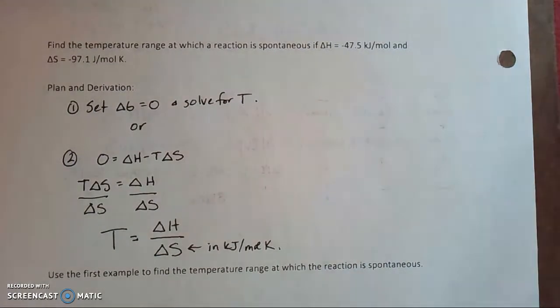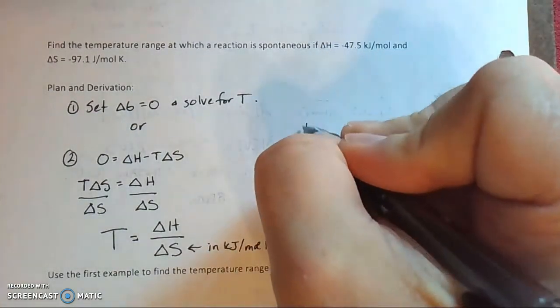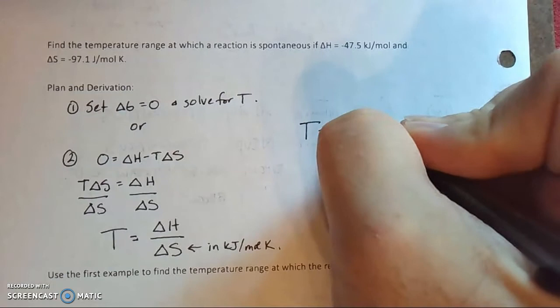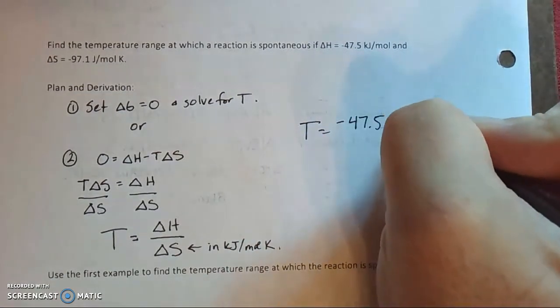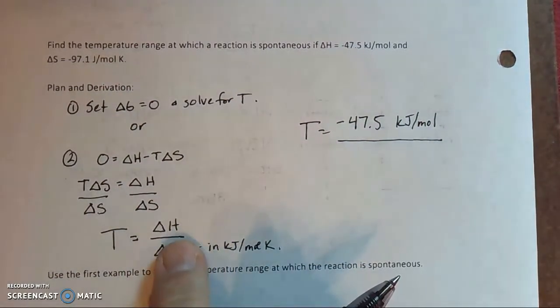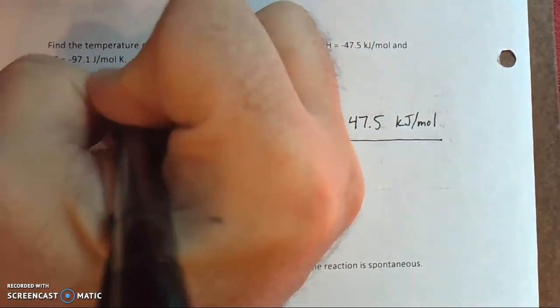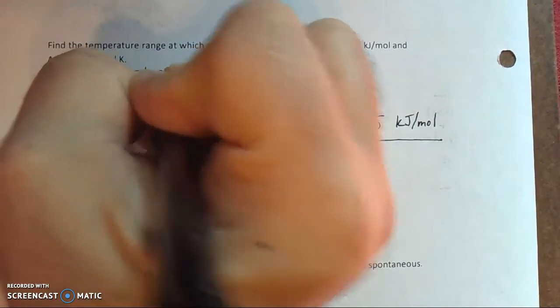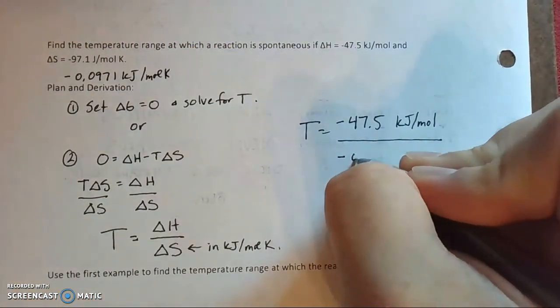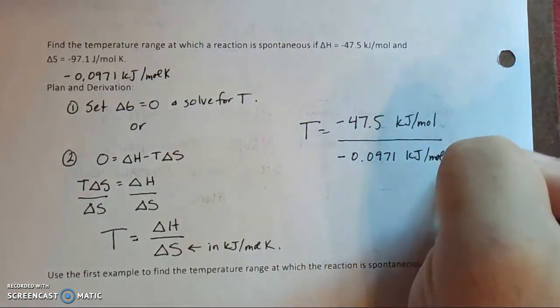So with that, if we look at our values, we are given delta H to be negative 47.5 kilojoules per mole over delta S. Well, delta S is in joules per mole, so we have to change this to negative 0.0971 kilojoules per mole Kelvin.